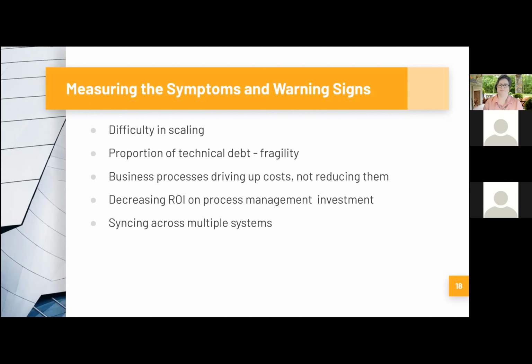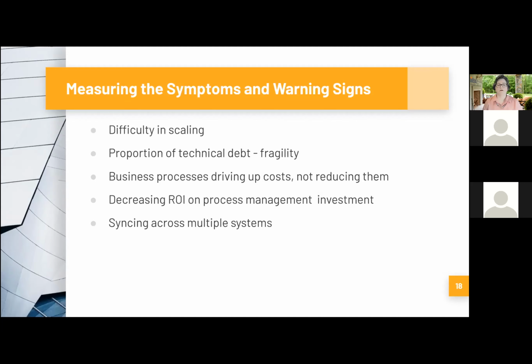And how often are the same data points stored across multiple systems? How hard is it to keep all of your systems in sync with each other? So these are all things that you can develop KPIs around that will make sense ultimately to your management, and that's who you've got to convince.